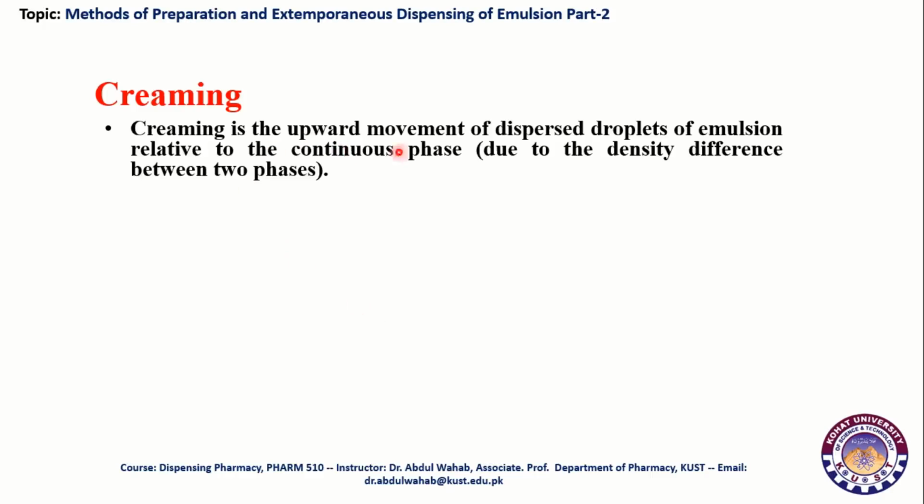Creaming is the upward movement of dispersed droplets or globules of emulsion relative to the continuous phase due to the density difference between two phases. If there is a difference in the density between two phases, then there are chances of the dispersed globules to move upward.